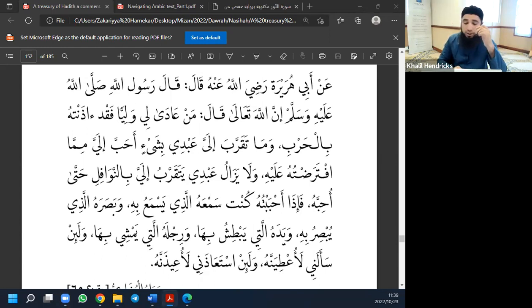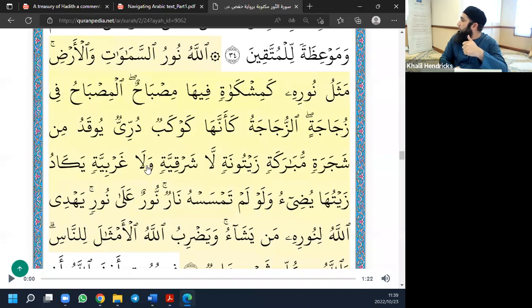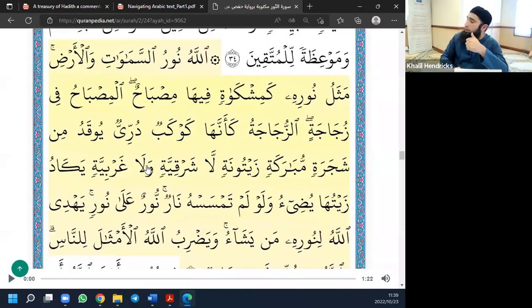Okay, so then I think we'll move on from there. Let's now go back to Surah An-Nur, inshallah. We'll do something in Nahu next week. Want to get past this verse. Right.